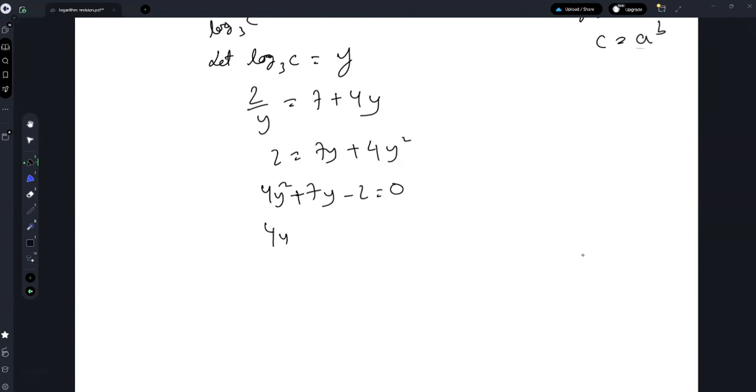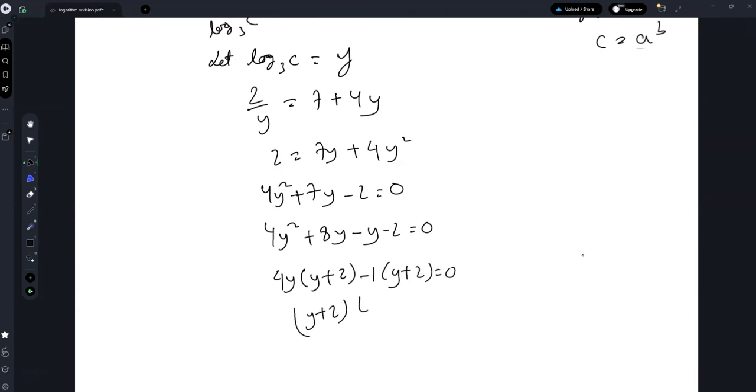So 4y squared plus 8y minus y minus 2 equals 0. 4y(y plus 2) minus 1(y plus 2) equals 0. (y plus 2)(4y minus 1) equals 0. So y equals minus 2, or 4y minus 1 equals 0, so y equals 1/4.